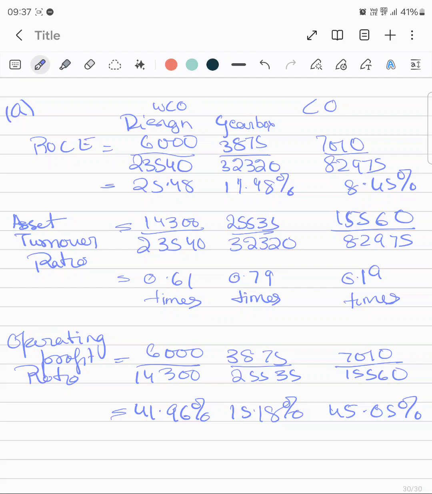This is partly because gearbox division buys its components from C company and therefore does not need to have the large asset base which C company has in order to make the components. When the unit profitability of those sales is considered by looking at the operating profit margin, C company's unit profitability is much higher than gearbox division.